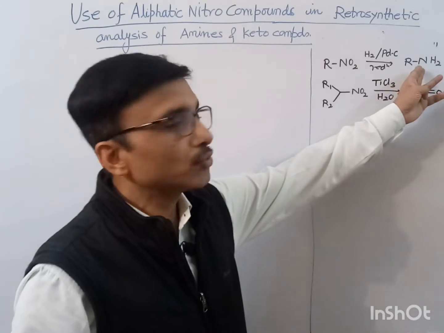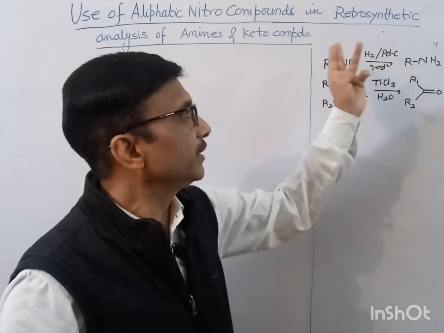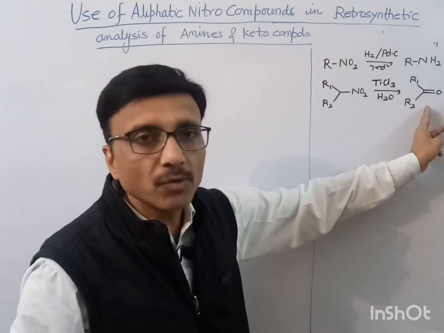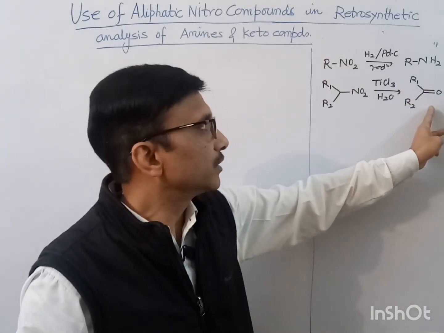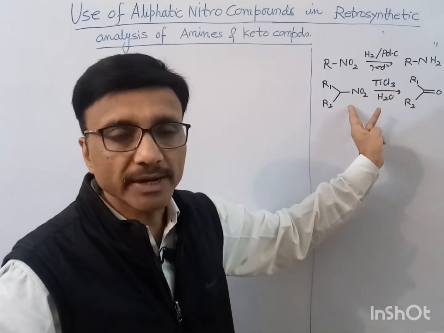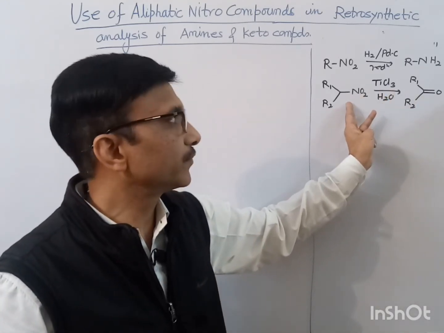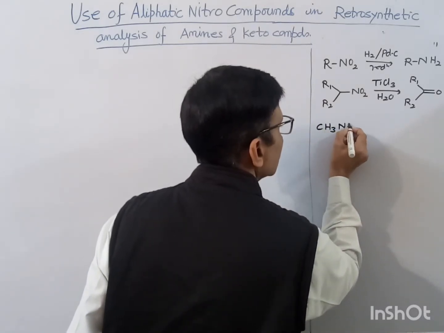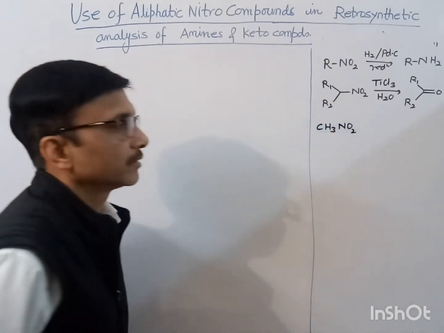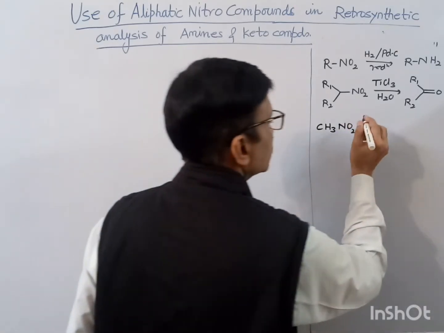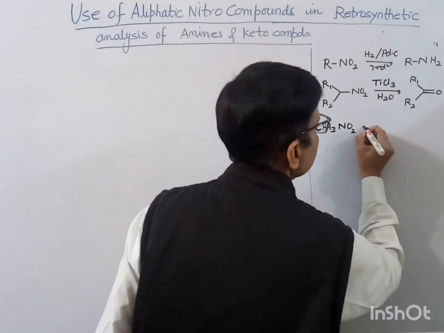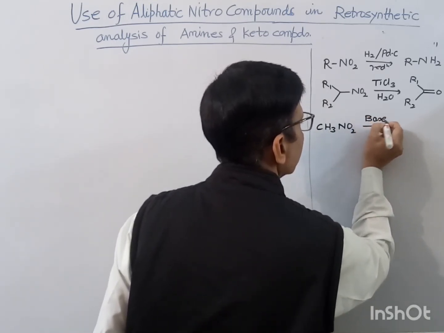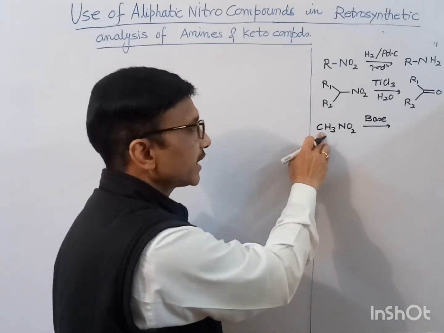So if the target molecule is an amine, then that can be interconverted into a nitro group. In the same way, if the target compound is a ketone, then that can be interconverted into a nitro compound via FGI. Now suppose you have CH3NO2, then in the presence of any base it can abstract this acidic hydrogen.